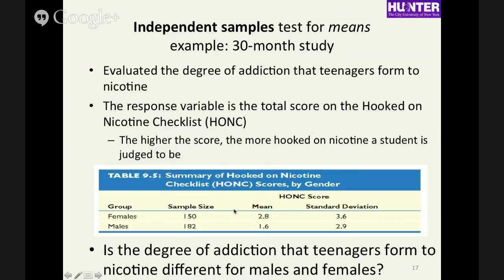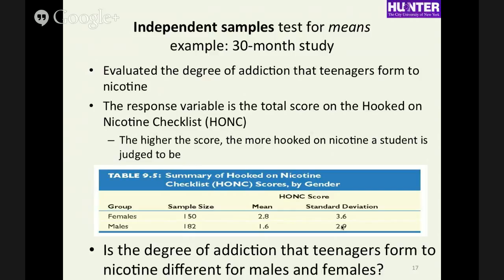Here is a summary of 150 female and 182 male smokers, and the results of this score showing the average score and the standard deviation estimated from each of these samples. So this is a classic two-sample hypothesis test.